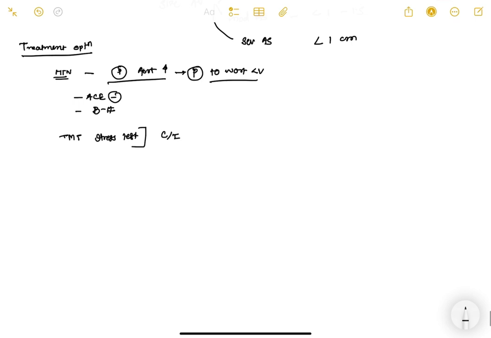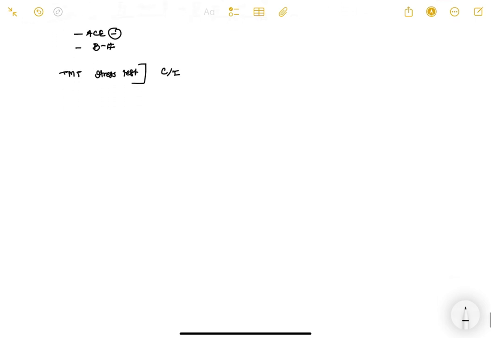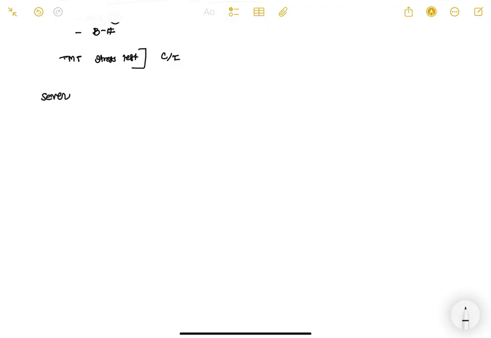Other treatment options are surgical, and they are based on the clinical features and the severity. So there are severity stages of aortic stenosis. Stage A: risk factors present, mild or no narrowing.